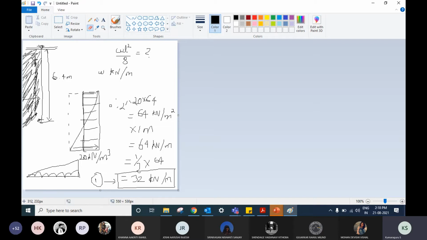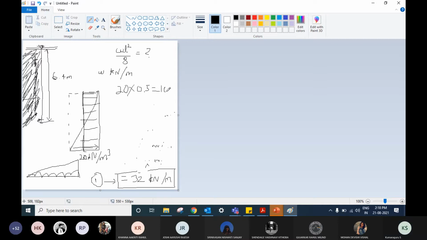In order to go to that, let's clear up some space. So that's 20 kilonewton per meter cube, into the height of the portion, which was 0.5 meters. That's 10 kilonewton per meter square.